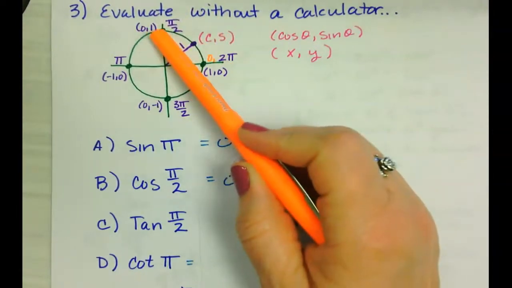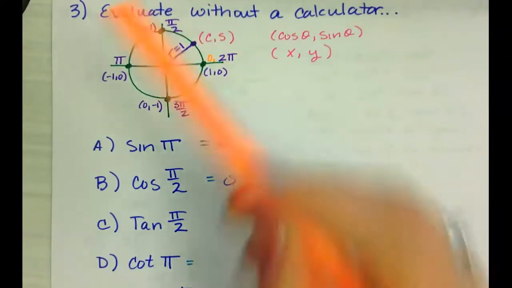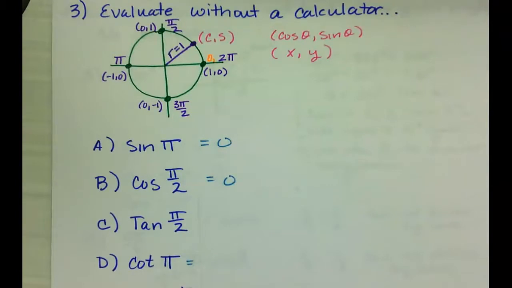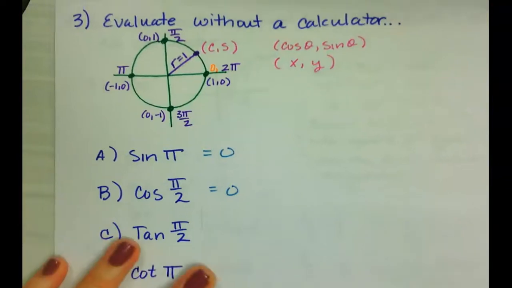Okay, so now I'm going to do tangent of pi over 2. Well, tangent doesn't have a coordinate like cosine and sine, right? So when we're doing that, we have to think about some of those ratios that we already know. This is where the quotient identities come into play.